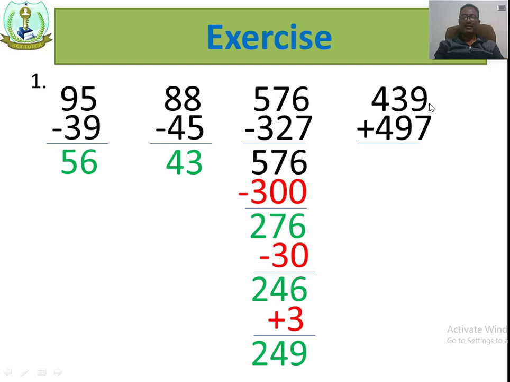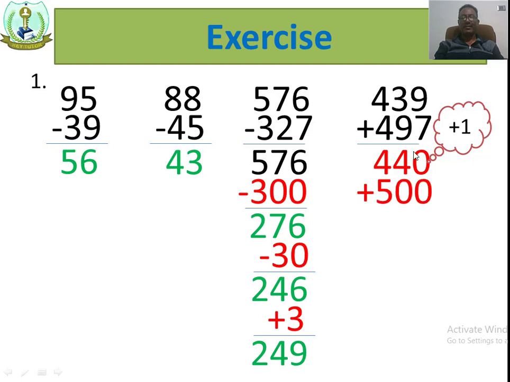For 439 I write 440, okay, because 439 is near 440, which is a multiple of 10, and by doing that I have added 1, so keep that in mind. Again, 497 is near 500, so I write 500, but while doing so I have added 3. So altogether in this sum I have 4.